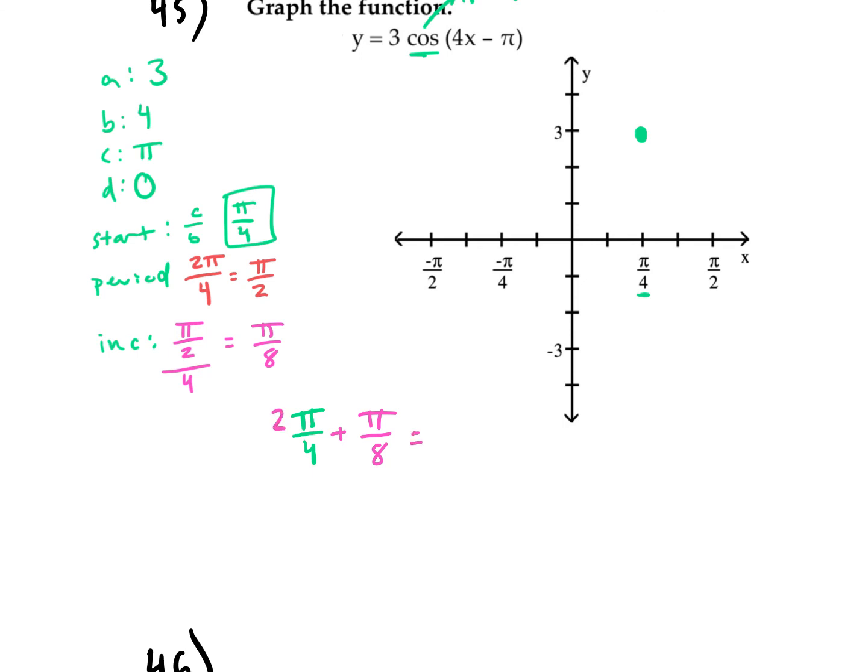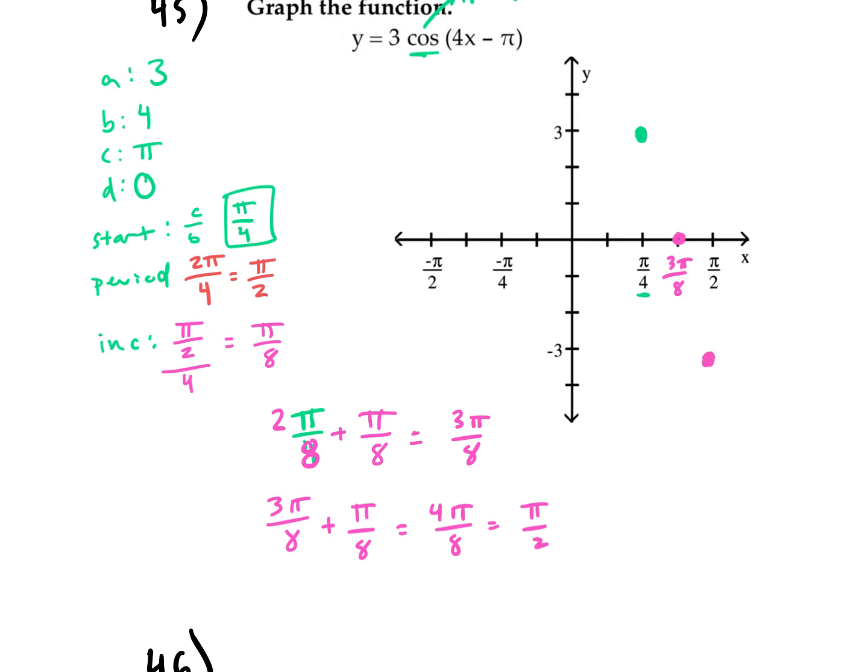I'm going to make this 2 pi over 8. So this would be 3 pi over 8, which I think puts us right here. So this is 3 pi over 8. So then 3 pi over 8 plus another pi over 8 would be 4 pi over 8, which is pi over 2.